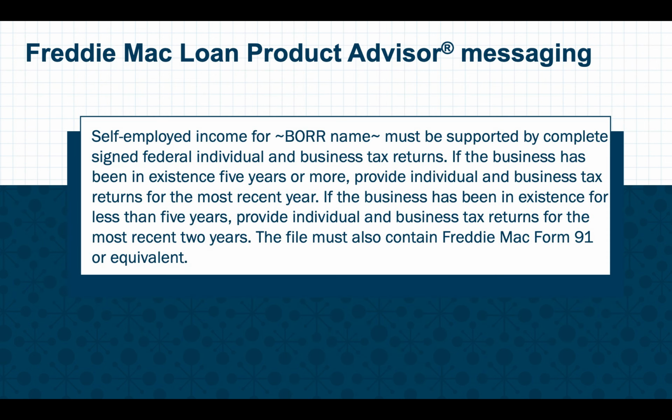If you are working with Freddie Mac's Loan Product Advisor, then you will see that the feedback messaging indicates that if the business has been in existence for 5 years or more, then only the most recent year of individual and business tax returns are required. Otherwise, you will be tasked with reviewing the most recent 2 years.